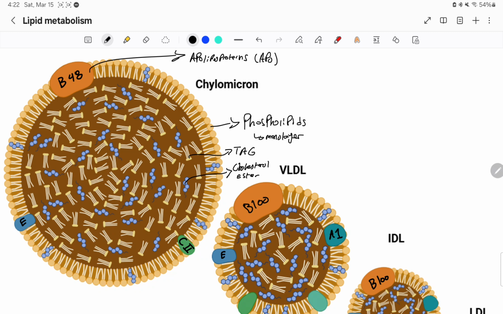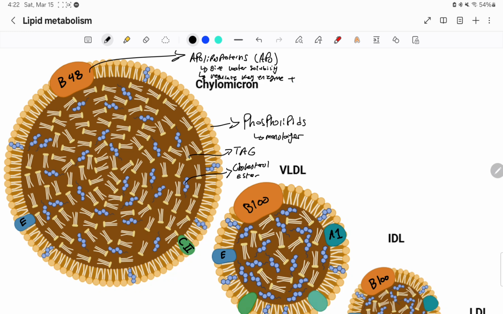Briefly, what do these apolipoproteins do? Well, you can say they do a couple of things, okay? They give water solubility to these lipoproteins, and they also regulate key enzymes that are involved in lipoprotein metabolism.